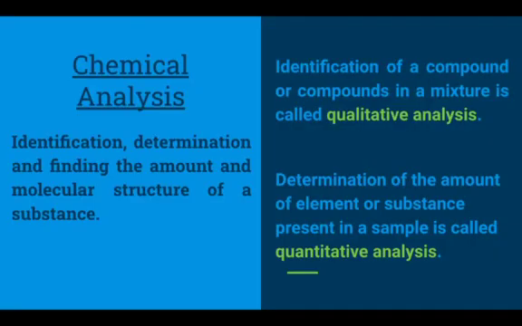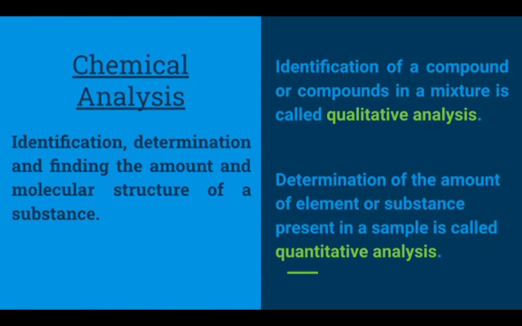Now, what do you mean by chemical analysis? Chemical analysis involves identification, determination, and finding the amount and molecular structure of a substance. Chemical analysis is of two types, qualitative analysis and quantitative analysis.